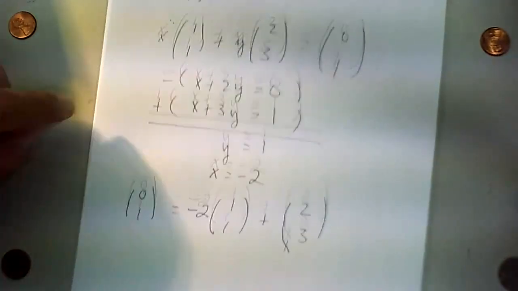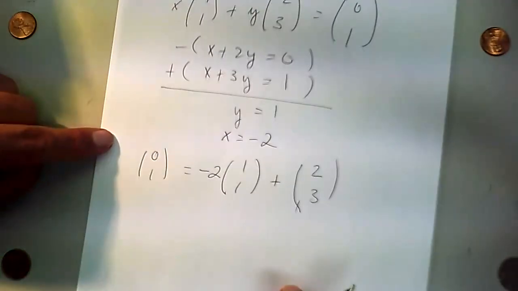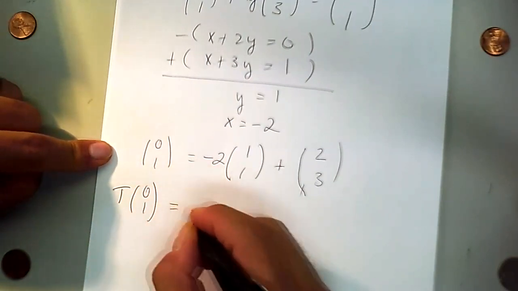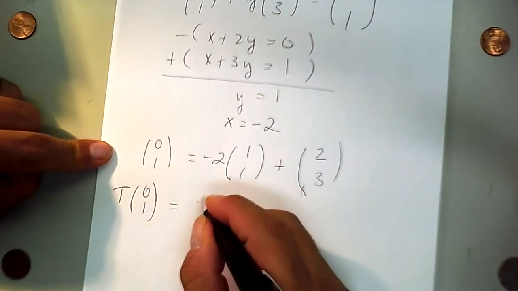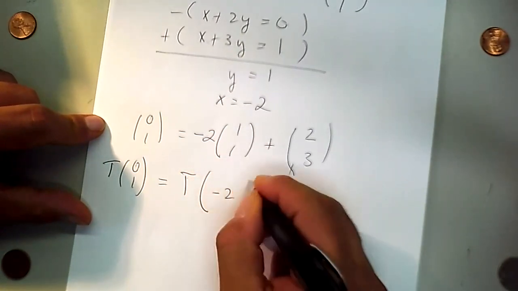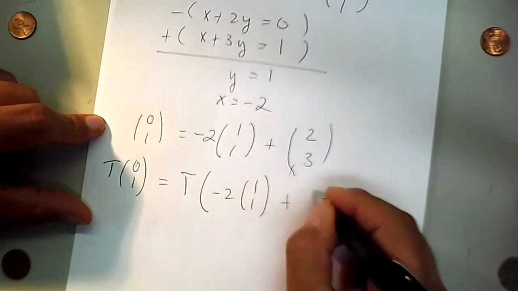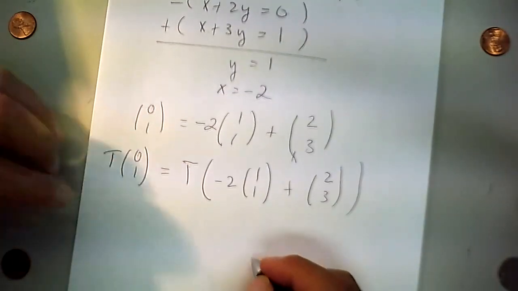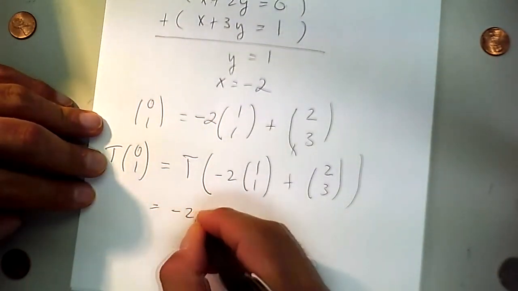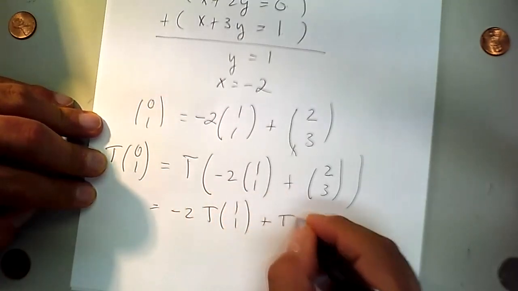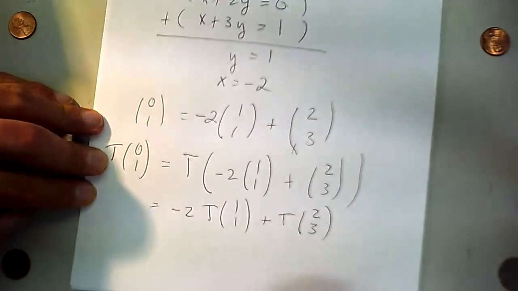And remember, our goal is to find T of (0, 1). T of (0, 1) is equal to, well, let me write it this way: T of (-2)(1, 1) + (2, 3), which is the same thing as -2 T of (1, 1) + T of (2, 3).